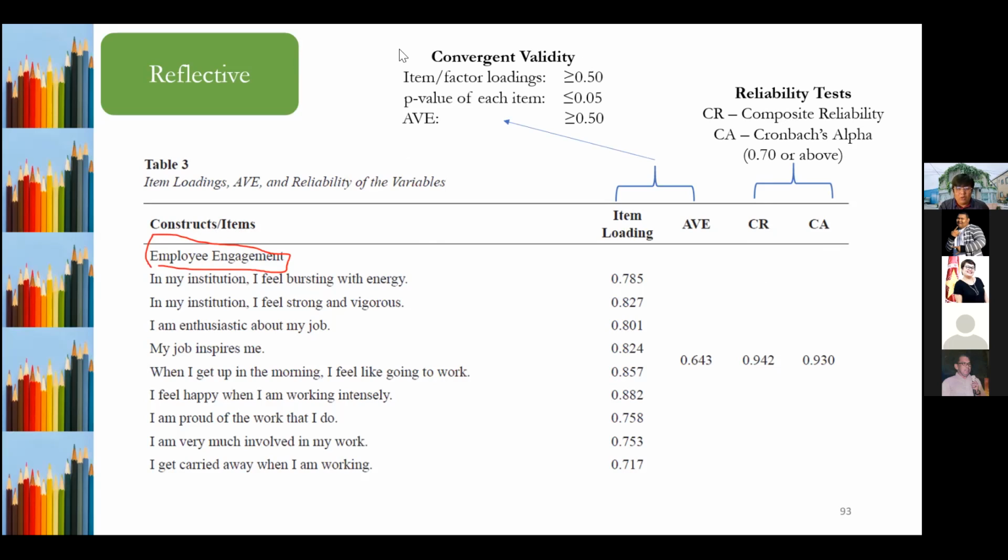So if you will be looking at this one, so ito yung kanilang factor loading or item loading, and you will see lahat sila greater than 0.5, which is good. Number 2, titignan mo yung P value niya, kailangan significant sila. Okay? And number 3, titignan mo ang kanyang AVE, kailangan it must be 0.5 and above. So you will see here, 0.643 ang AVE, so ibig sabihin meron siyang convergent validity. Okay? This is only for employee engagement, one of the variables in this research paper.